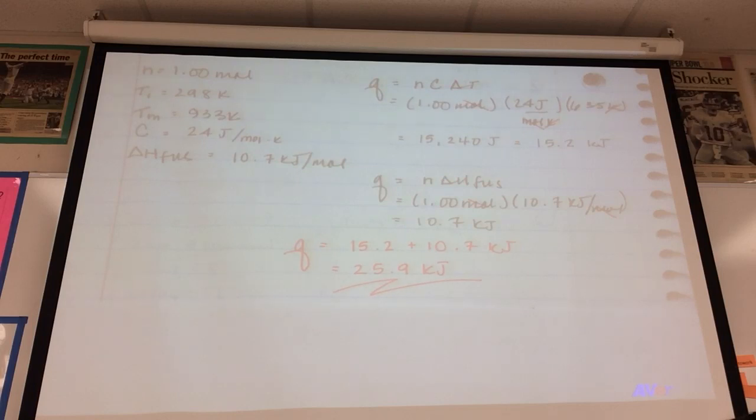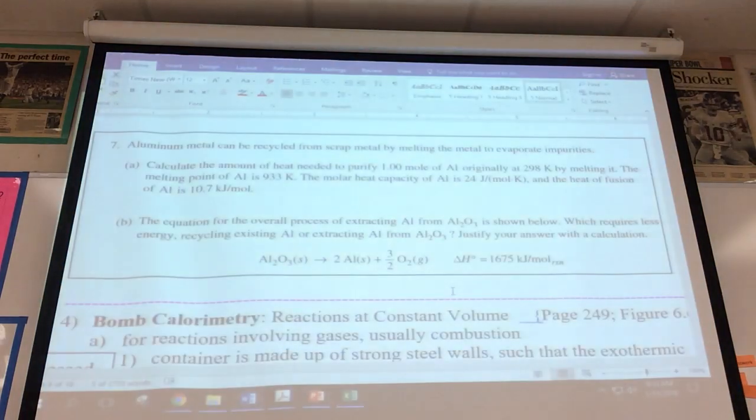Look at the balanced equation. It's in your notes though. For 2, right? And you want to make a comparison per 1 mole, correct? So you divide by 2. You got it. So you divide by 2 and you have this.